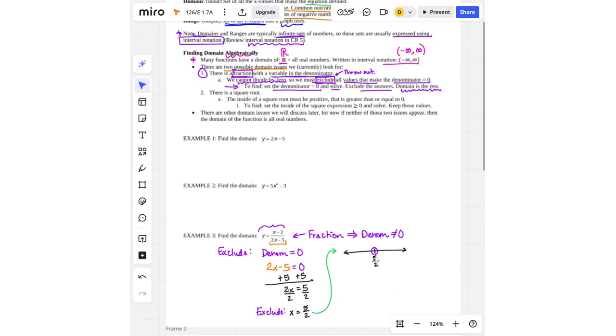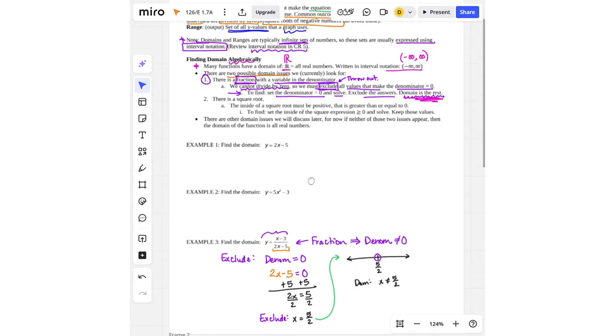We can't have 5/2. So open dot there. However, from up here, the domain is the rest of the stuff. We're going to keep everything else. The only thing x is not allowed to be is this 5/2. So for our domain, we would say that x cannot equal 5/2, but x can equal everything else.